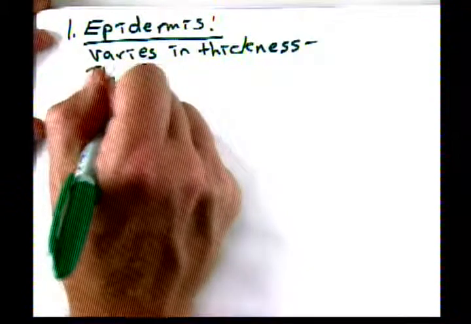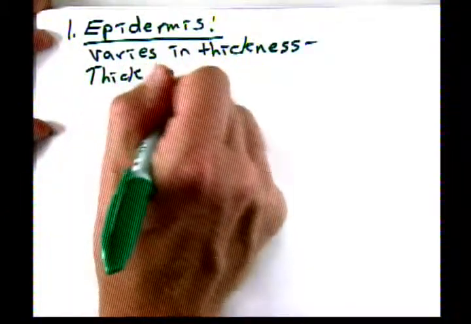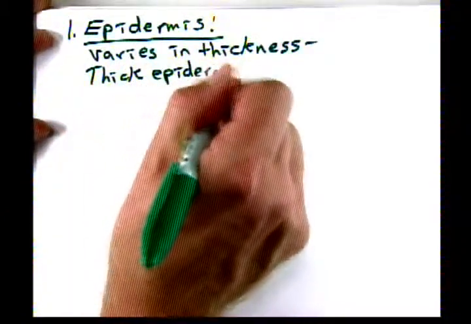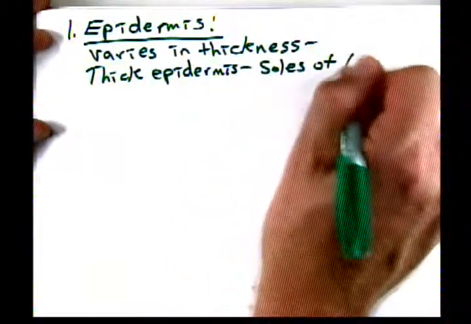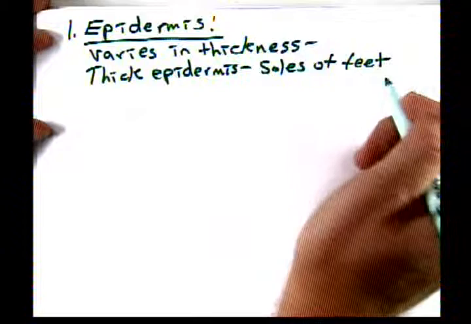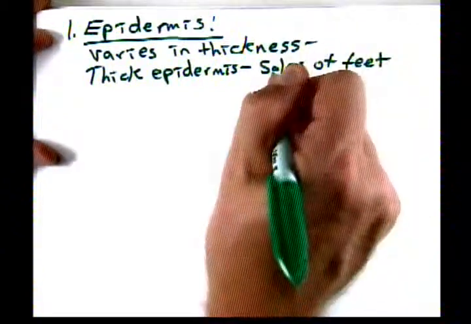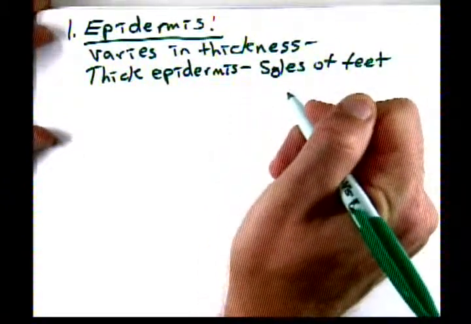And so you have a thick epidermis on the soles of the feet, okay? And I'm not going to show you my feet, but you all have seen your own feet, and they get calloused. The skin gets thick back on the calcaneus and up towards the proximal phalanx. But the soles of the feet, you have a thicker epidermis.